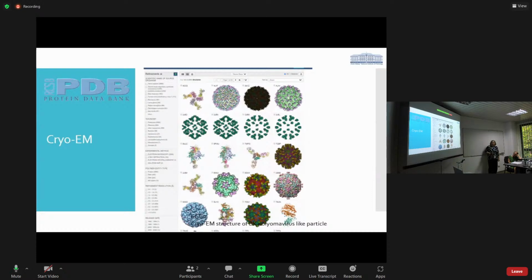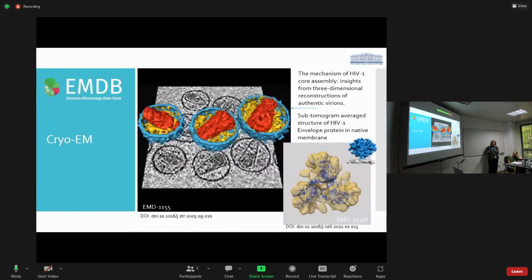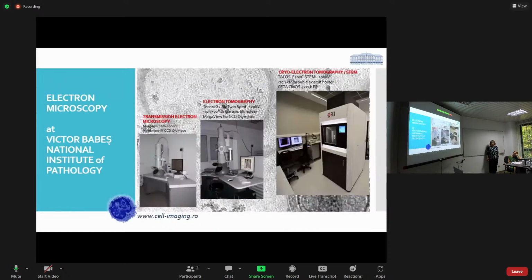This kind of technique is used today to detail at the molecular level, at the atomic level, all the molecules composing the viral particles, and we have some databases like the Protein Data Bank, which holds the information acquired through cryo-electron microscopy, and the Electron Microscopy Data Bank, also a repository for data obtained from cryo-electron microscopy and cryo-electron tomography, in fact, because we can do tomography.